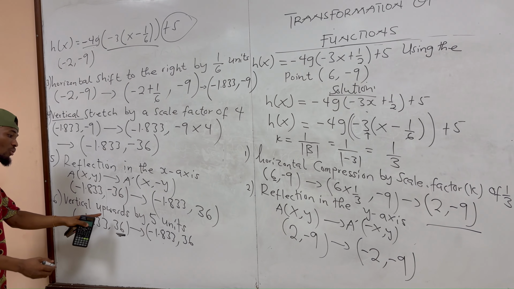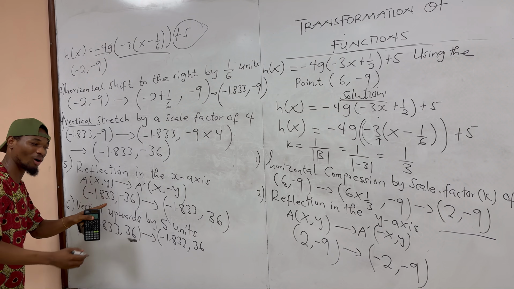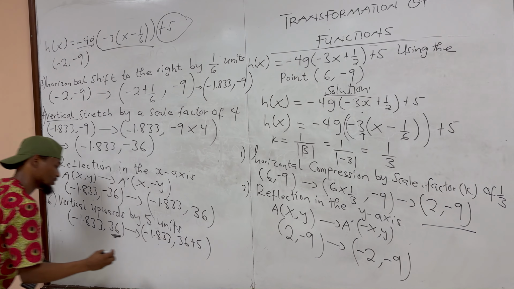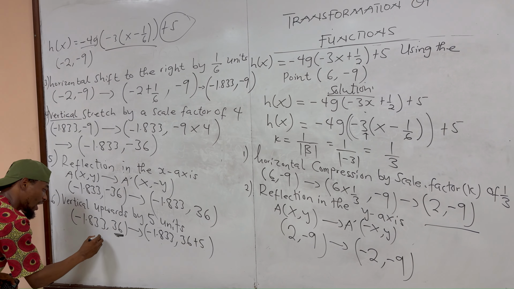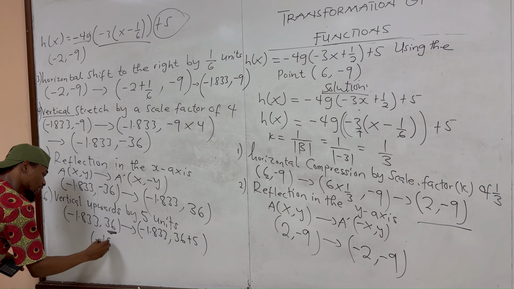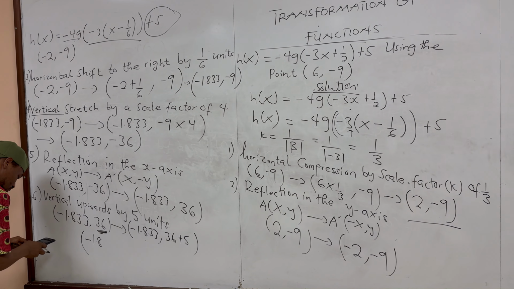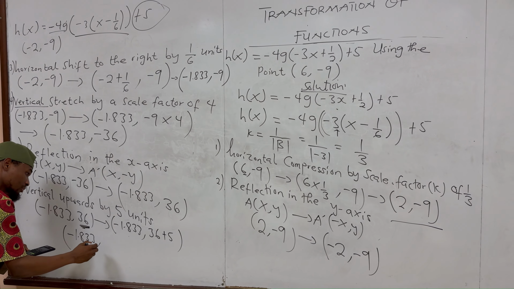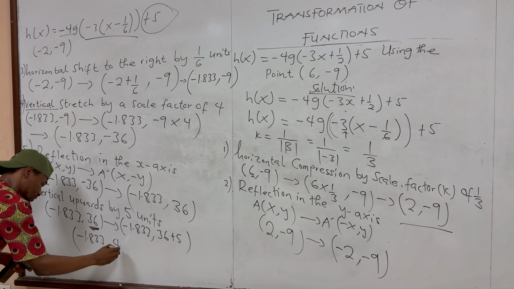And because we're moving upwards, I'll add, it's positive. So plus 5. So finally, I will have negative 1.833, and I have 41.